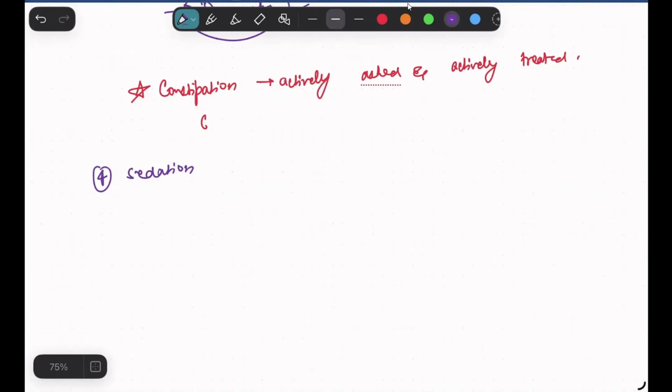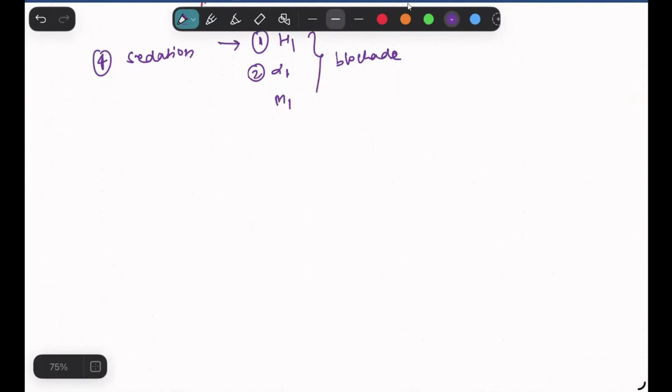Sedation is highly common with clozapine, and as we already discussed, it is because of H1 receptor, alpha 1 receptor, and M1 receptor blockade. Clear? What is one good thing about sedation? It may reduce over time. Why? Because tolerance develops. Clear to everyone?